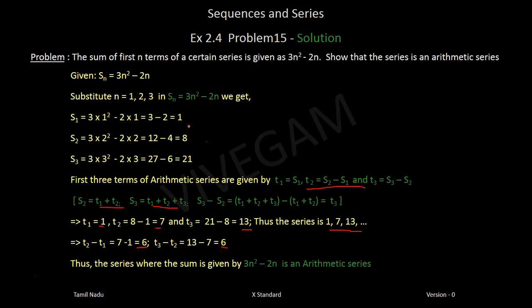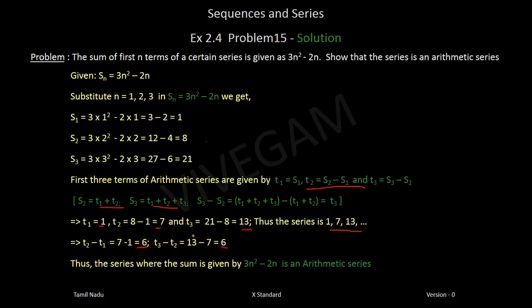So the first step will be using the formula to calculate s1, s2, s3, then find the differences. s2 minus s1, s3 minus s2. So s1 is t1, s2 minus s1 is t2, s3 minus s2 is t3.